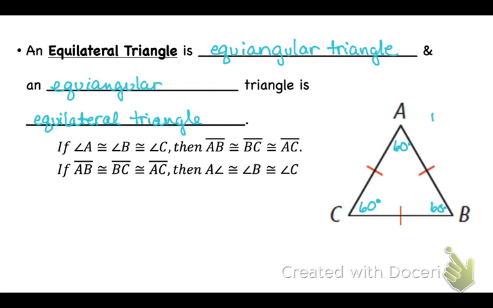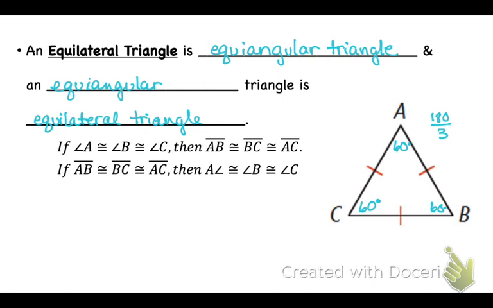Those two, the first word and the second word, are the exact same thing. Yes. It's saying an equilateral triangle is an equal angular triangle, and an equal angular triangle is an equilateral triangle. If I tell you all the angles are congruent, that means all the sides are congruent. If I tell you all the sides are congruent, then all the angles are congruent.